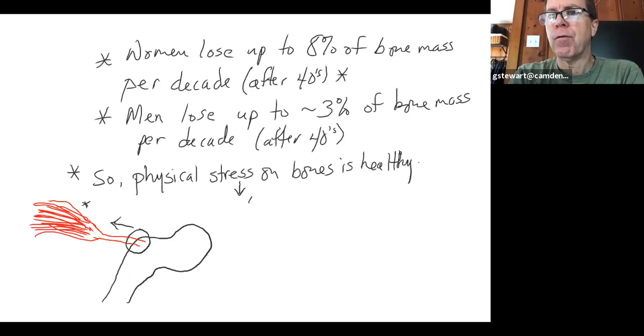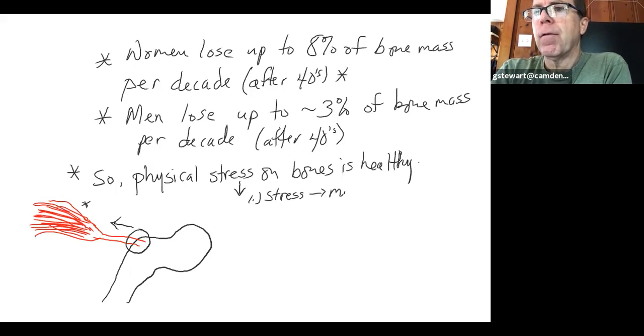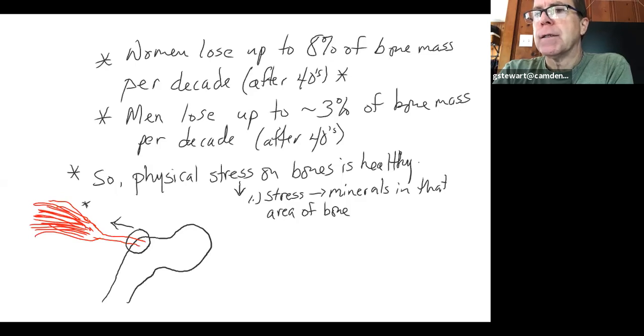So here's what happens during muscular physical stress on bone. I'm just going to write first, we get stress, and I don't mean stress from being in a car accident. Obviously that's going to break a bone. I mean stress from doing physical activity. So stress causes the minerals in that area of the bone to be energized.